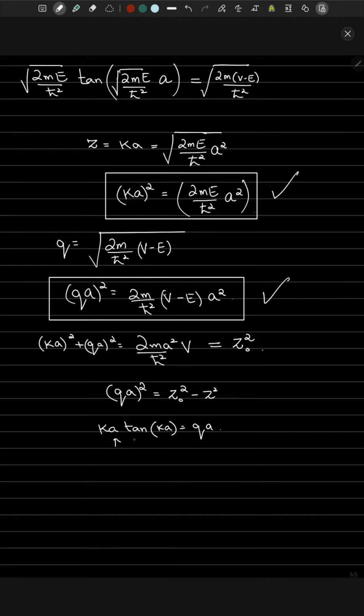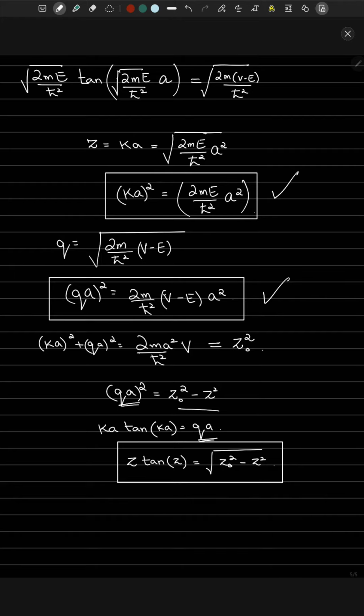So I've just multiplied a on both sides of the equation, and now I can write this as z tan z is equal to the square root, this qa I get from here, of z naught squared minus z squared, right? And now this is another equation that we have.